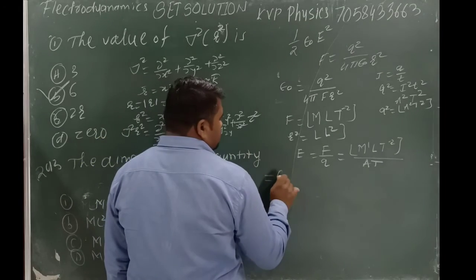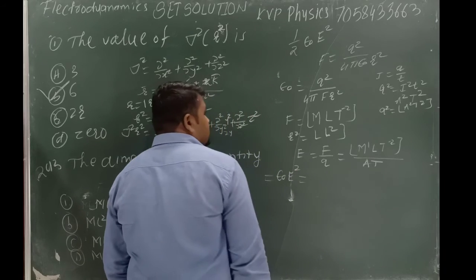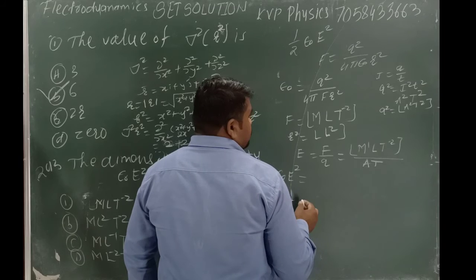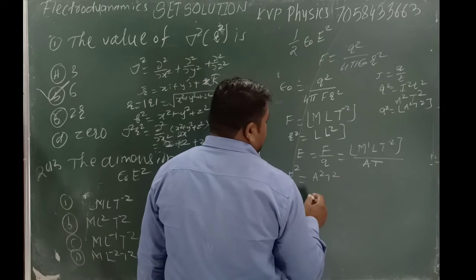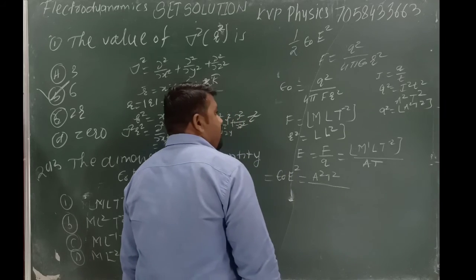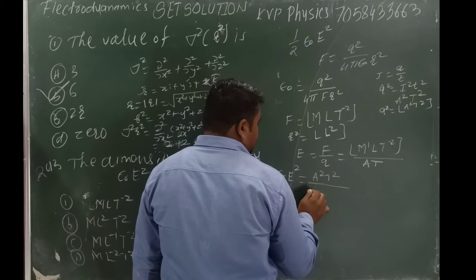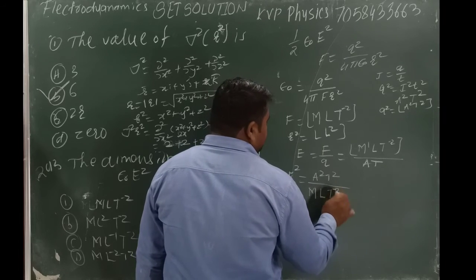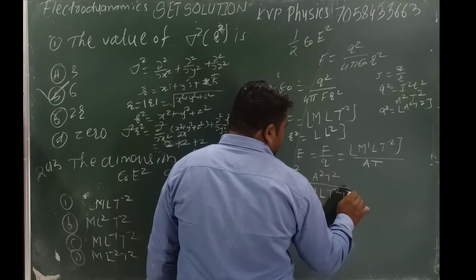Just take this dimension epsilon naught E square. What is the epsilon naught value? Epsilon naught is Q square, dimensionally A square T square, upon 4 pi F r square. What is the dimension of F? M L T to the power minus 2, into r square, and r square means L to the power 2.